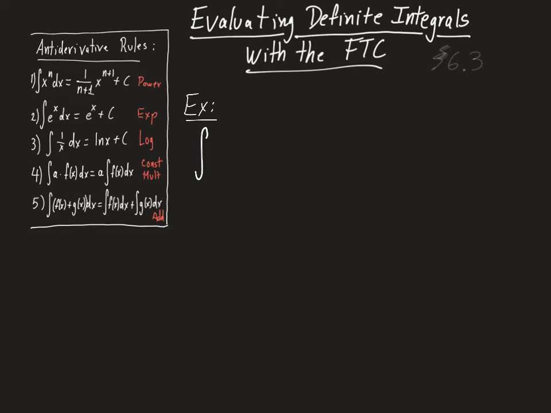But for now, let's stick with, let's say, integral from 0 to 4 of 2x plus e to the x dx. Okay, so here I'm going to show you guys, this is an example, but this is also going to be notation.